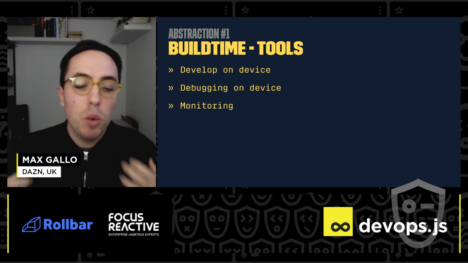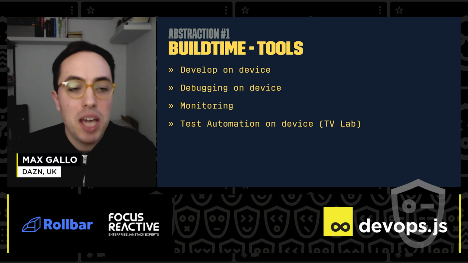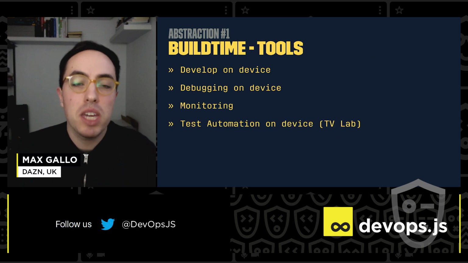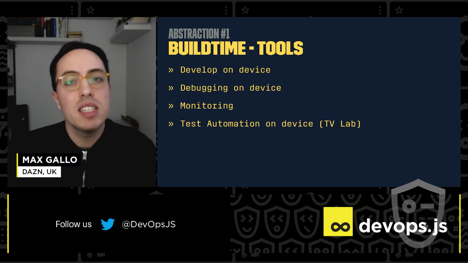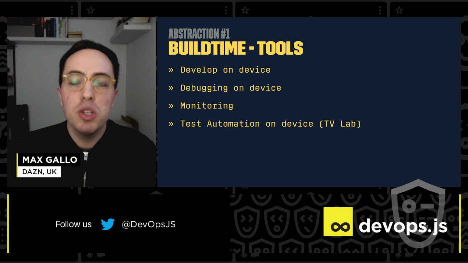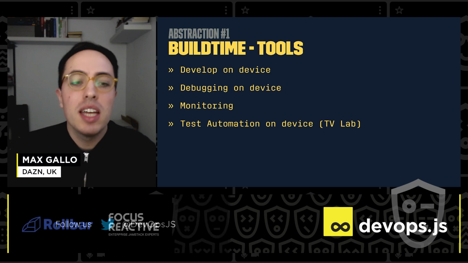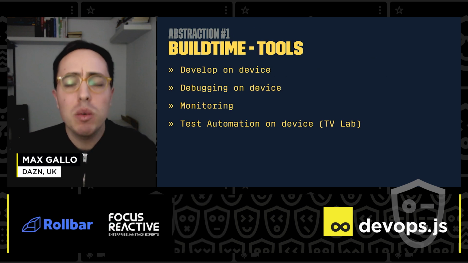But we also worked a lot on monitoring, and especially we focused on test automation. Especially in this COVID time, being at home, it's not easy to work on devices. So we pushed a lot on a TV lab that we have, where we can run automated tests on the TVs and on the devices themselves.